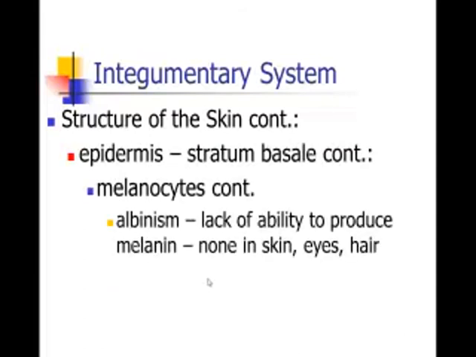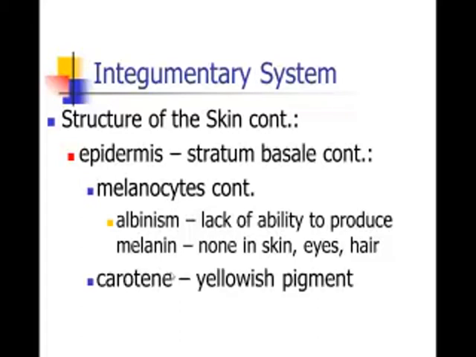Some people lack the ability to produce melanin, and these people are sometimes referred to as albino. It's albinism, and there is no pigment in the skin, eyes, or hair. So their hair would be white, and their eyes would be pink, and their skin would be very, very pale. Because they don't have any melanin, they're especially prone to damage from UV light.